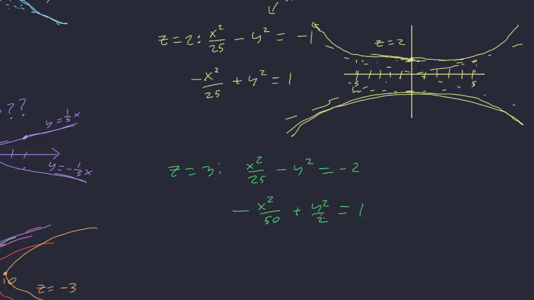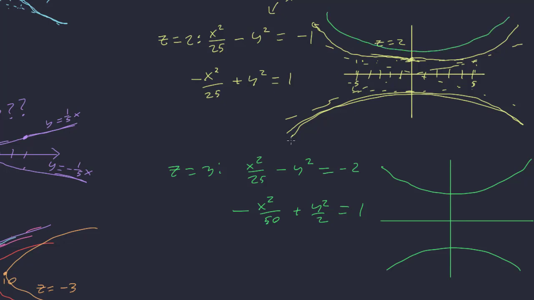So it's the same kind of hyperbola we got before in pink, but flipped around. Or I shouldn't say the same, but this one is another hyperbola that opens upwards, but should start further out than this one did. Okay.